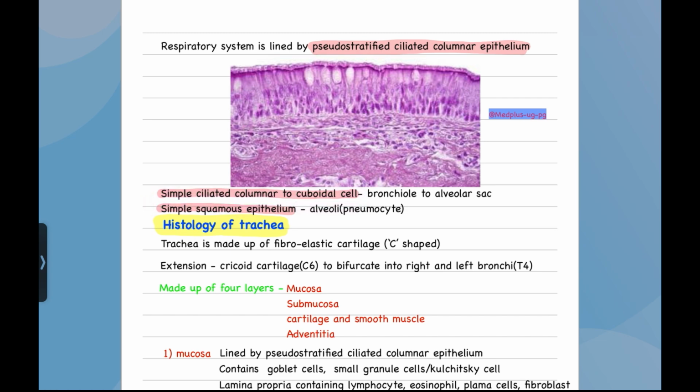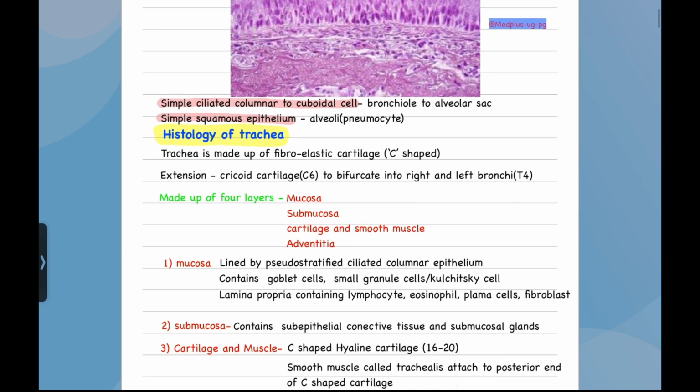As we can see here, there is a single layer of cells which has nuclei at multiple levels. So it gives a stratified appearance. Actually, it has only a single layer of cells, so it is named pseudostratified. As we can see here, we have cilia, so it is called ciliated, and these are columnar cells. And in between, as we can see here, the white colored cells are goblet cells.